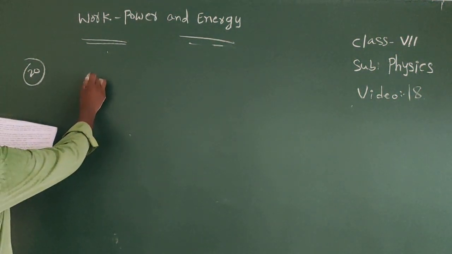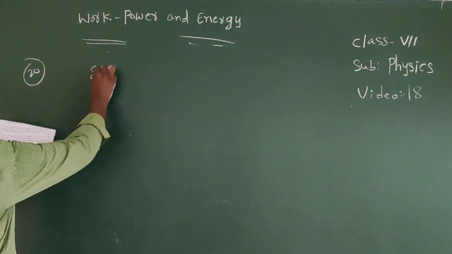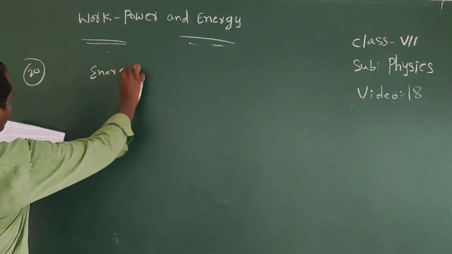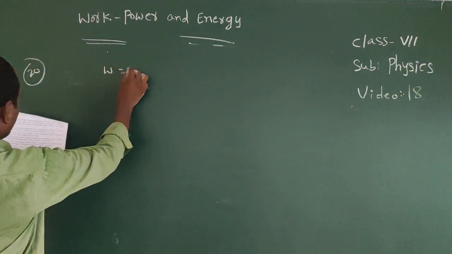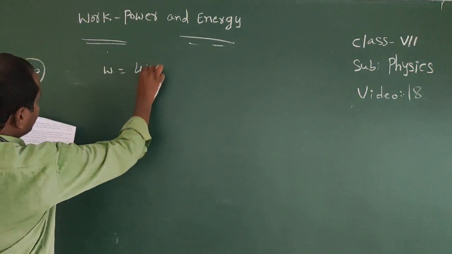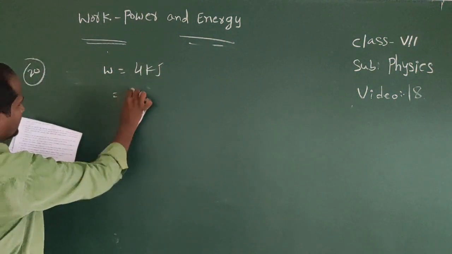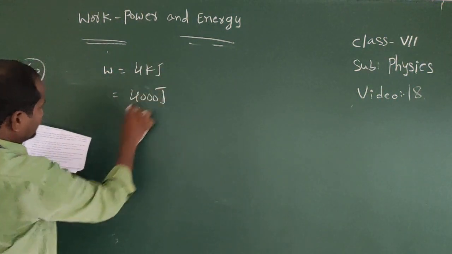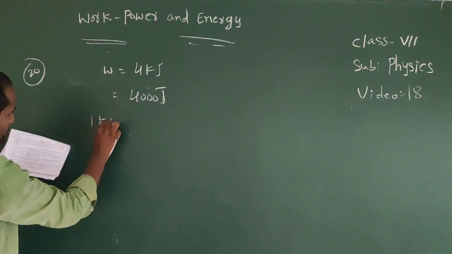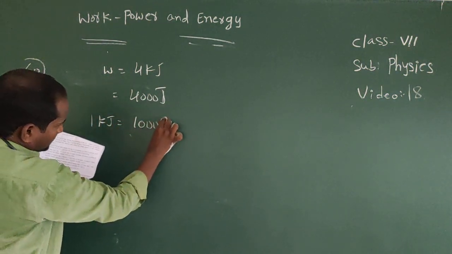Energy is given, or nothing but work done, equal to 4 kilojoules, that equals 4000 joules. 1 kilojoule equals 1000 joules.